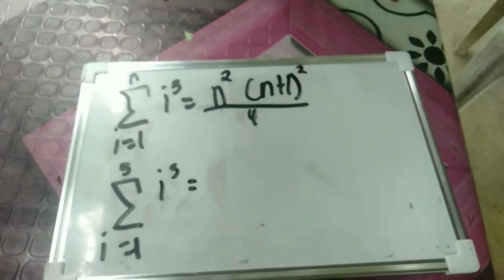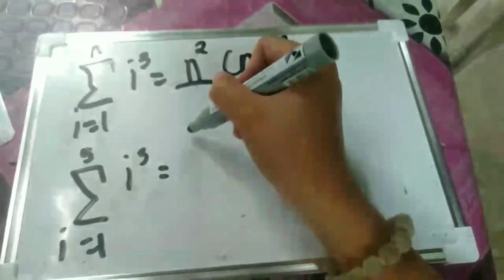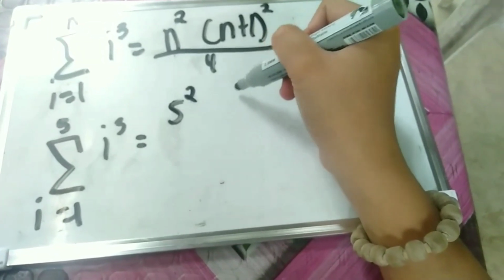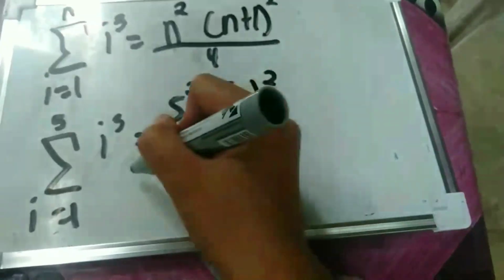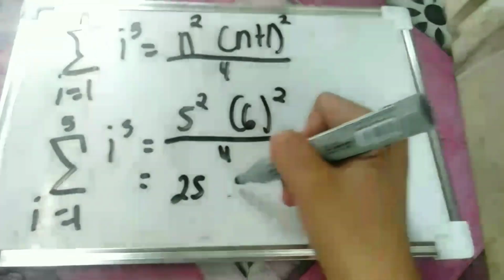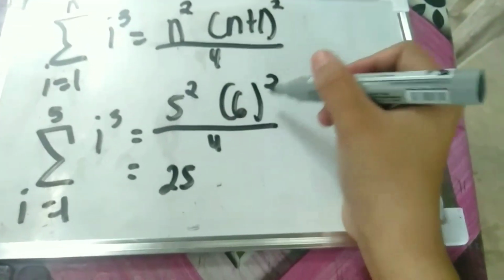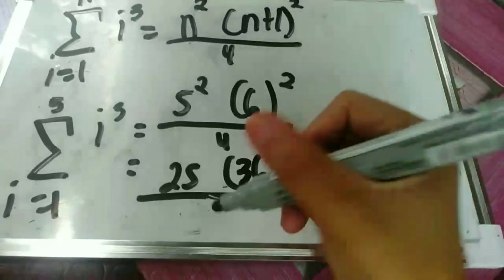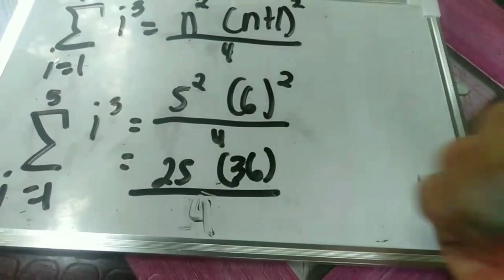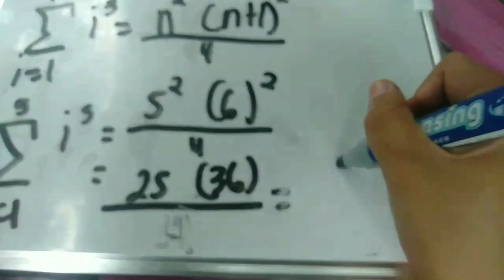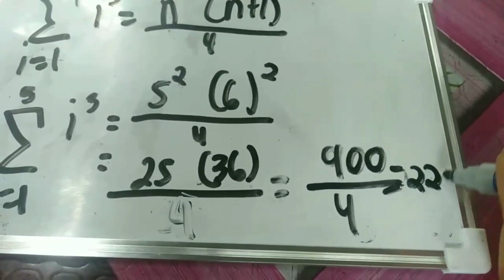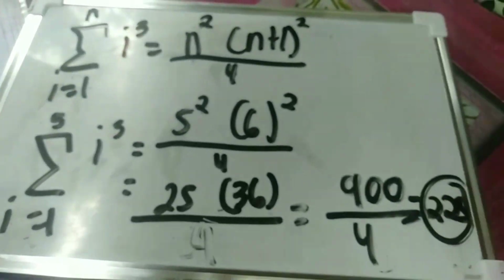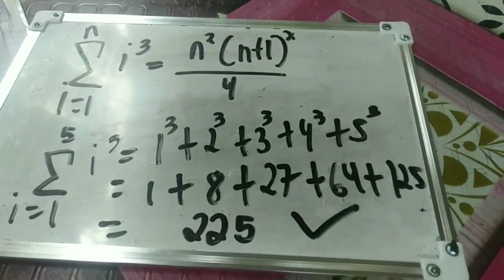Tapos na tayo mag-expand, try natin ang formula. n natin is 5 raised to 2 times 5 plus 1 equals 6 raised to 2, divided by 4. 5 times 5, 25, times 6 times 6, 36, divided by 4. 25 times 36 is 900, divided by 4 equals 225. So same sila ng sum. 225 check. That's all.